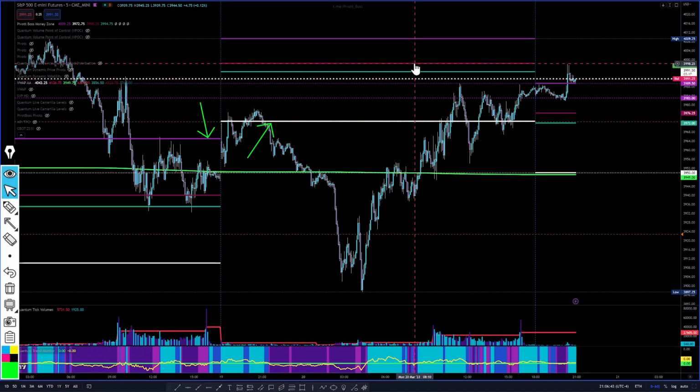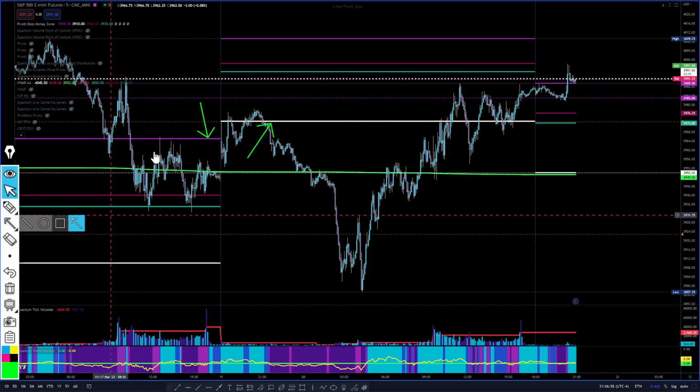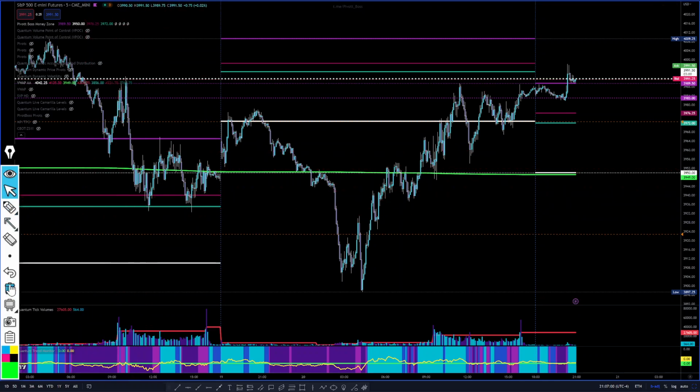Upper POC was 39.98.25 approximately. And value area high was approximately 4,009, right?